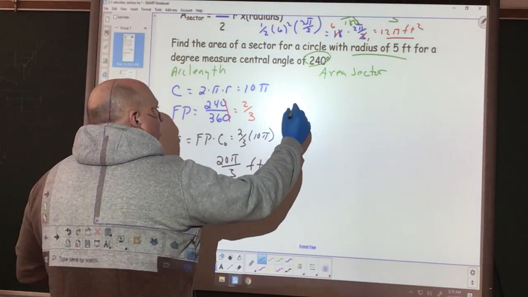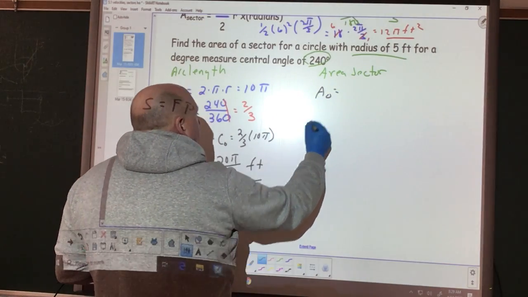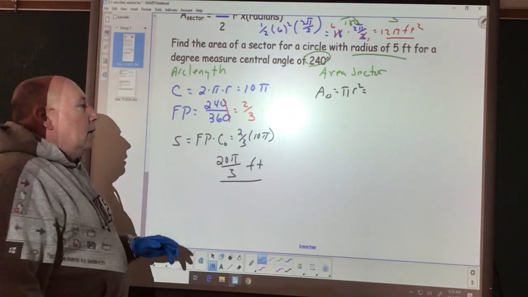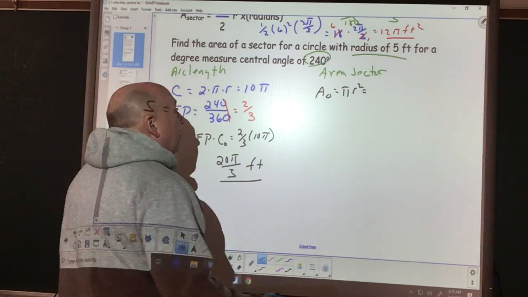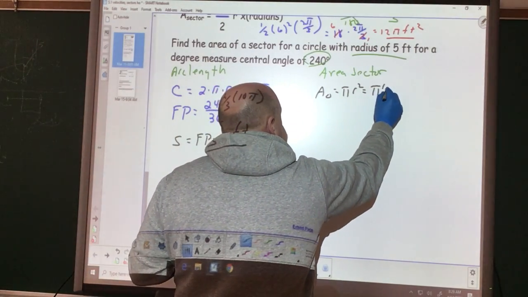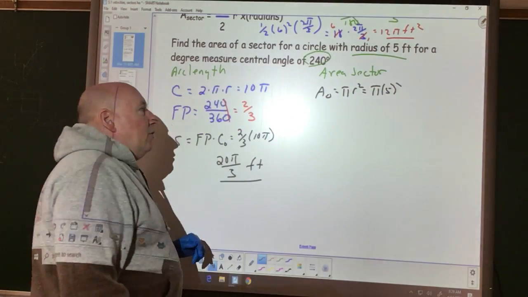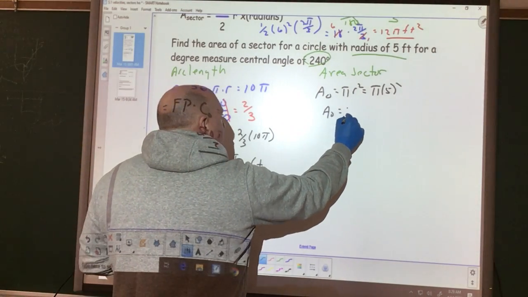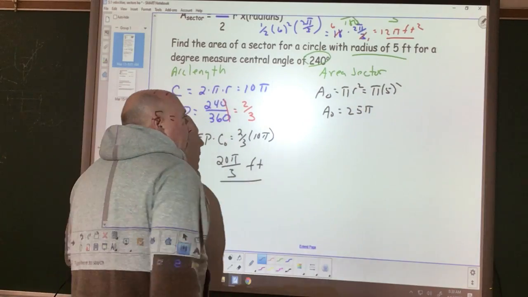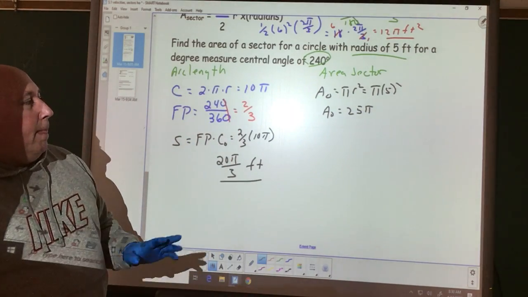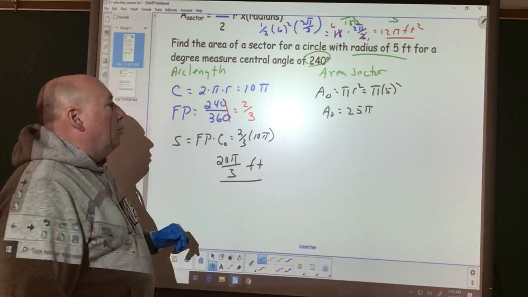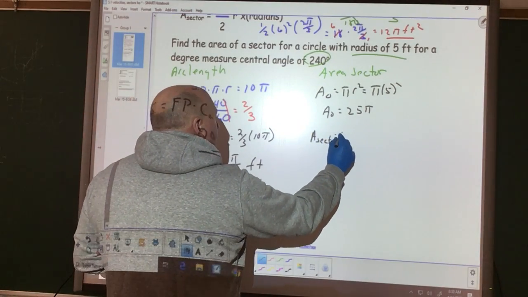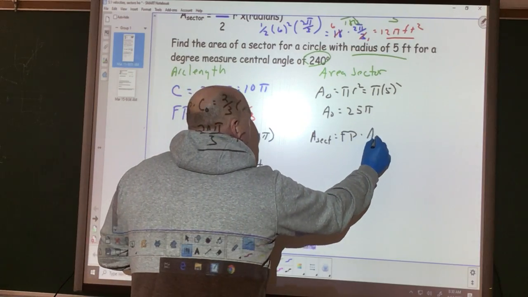The area of the sector, well, let's find the area of the circle. The area of the circle is calculated by pi r squared. My radius is once again 5 feet. So we have pi times 5 squared, so we have 25 pi. Then to find the area of the sector, we can take our fractional part and multiply by the area of the circle.